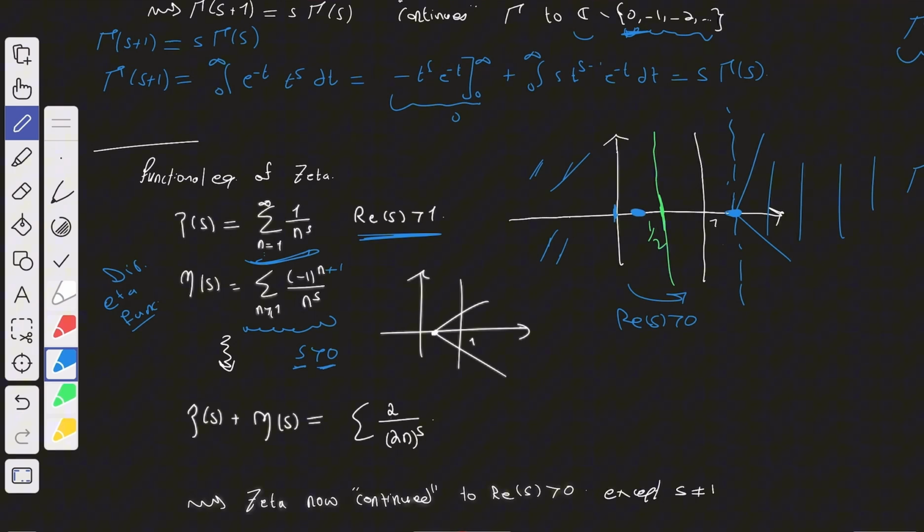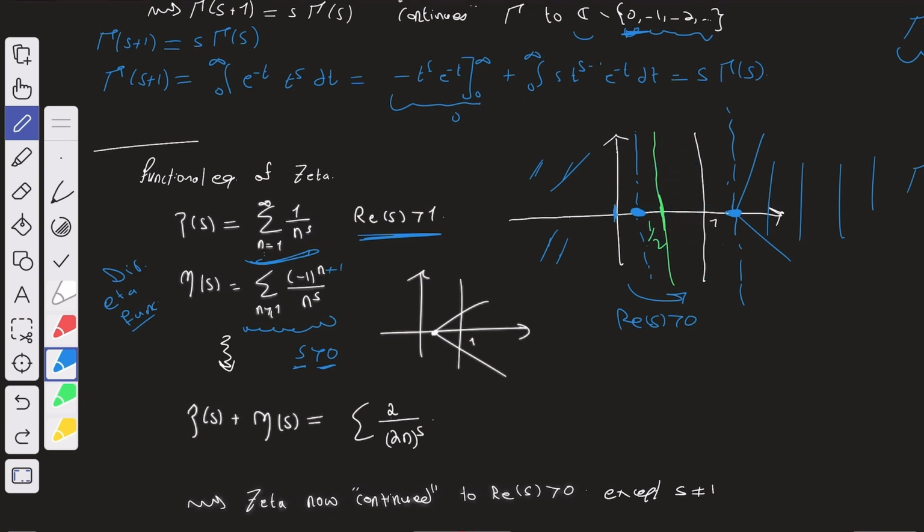And in a similar way, we have this elementary complex analysis fact that if such a function is regular at this point, then this function is regular on any wedge of this form, so it can be defined everywhere to the right of that point.